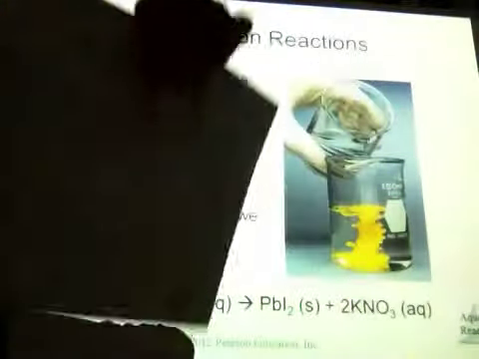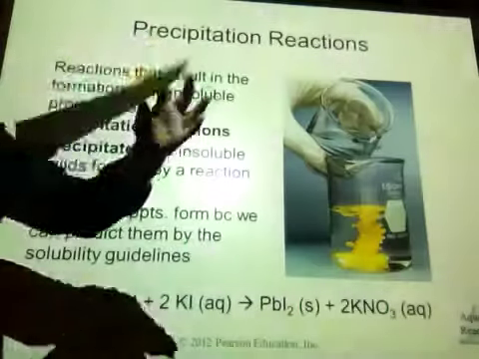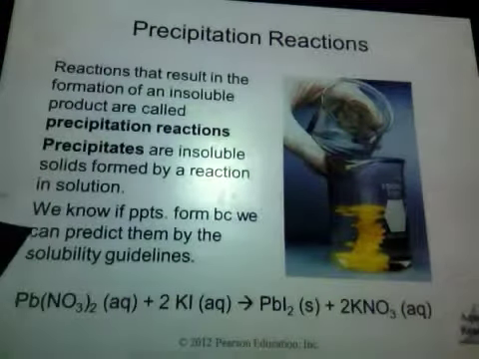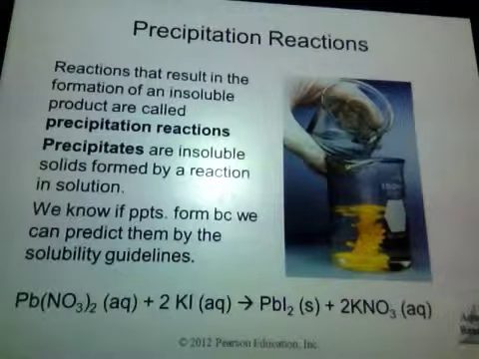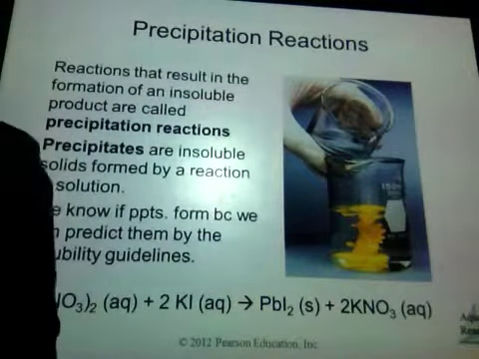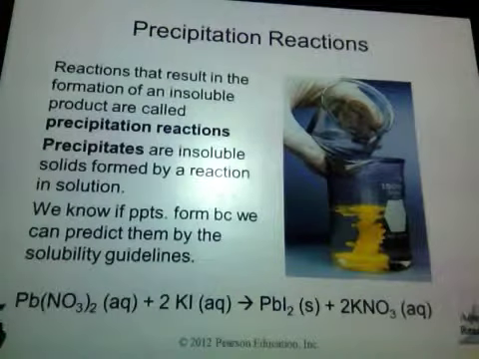I know it's really hard to see because it's super dark. So SOL in green means just soluble. If it's red, it says insol, so that means insoluble. And then if it's yellow, or kind of like a goldish color, it says SOL. That means slightly soluble. So it's still considered to be soluble, it's just slightly soluble.